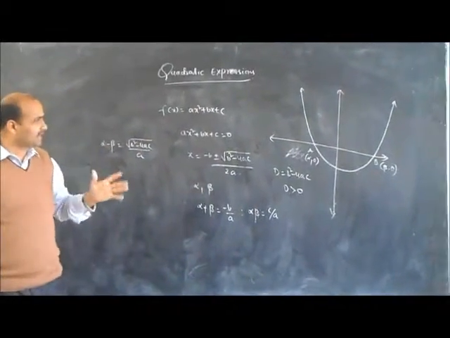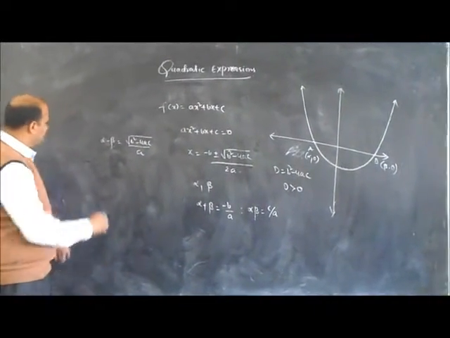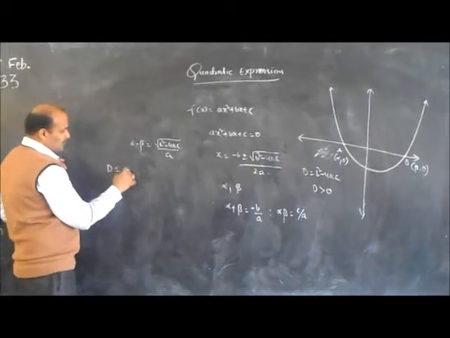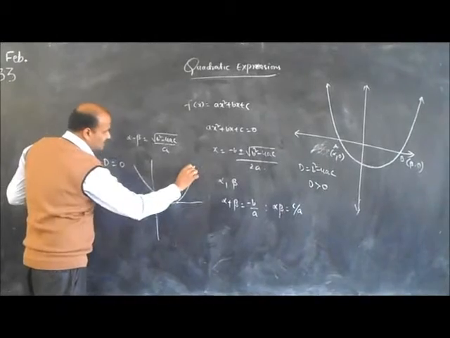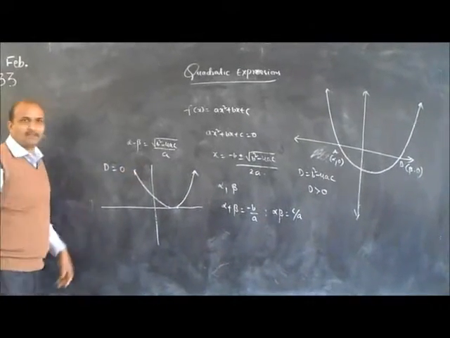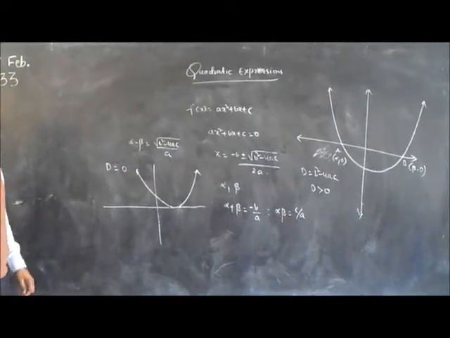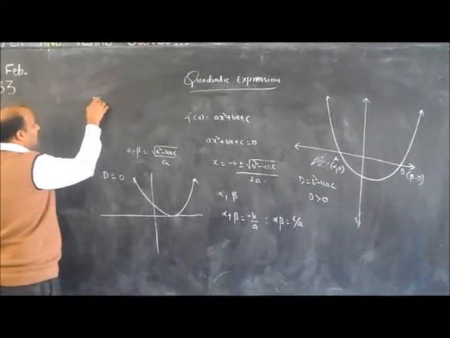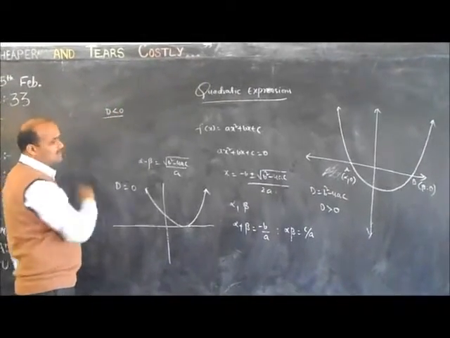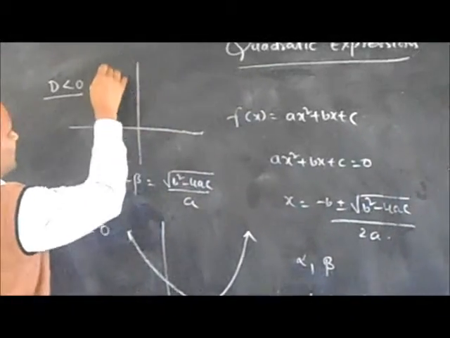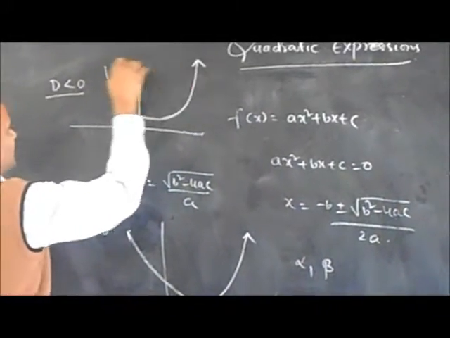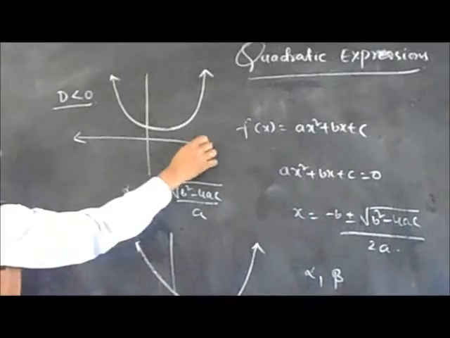When the discriminant d is equal to 0, what happens? The graph touches the x-axis, means the roots are repeated. When the discriminant is less than 0, means b square minus 4ac is less than 0, what happens? The graph never touches the x-axis.